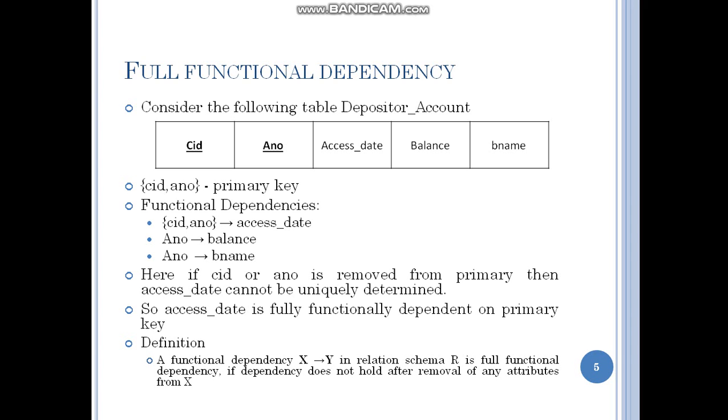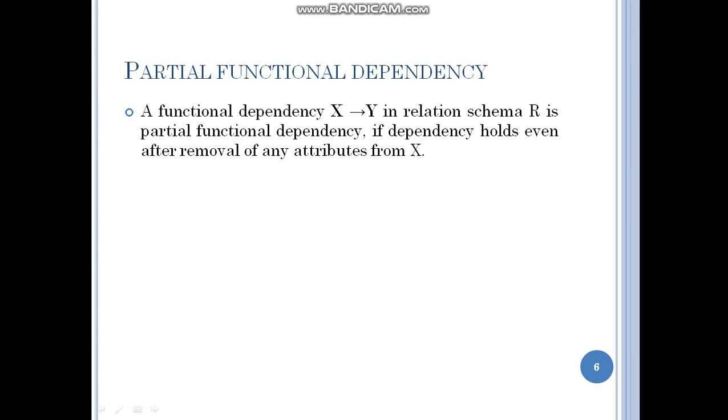Definition. A functional dependency X → Y in relation schema R is a full functional dependency if the dependency does not hold after the removal of any attribute from X. Partial functional dependency.